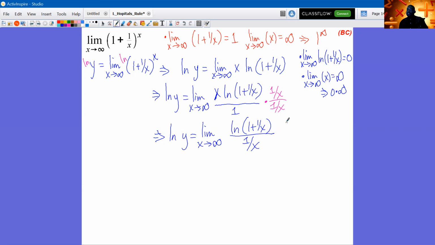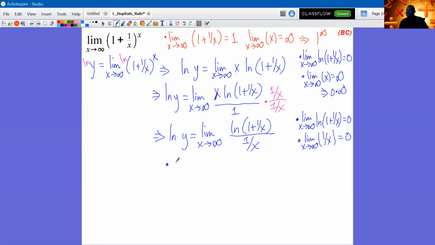Now what I have to do is check the indeterminate form once again, every time I get a new form. We know the numerator is 0, and we know the denominator is 0. So it looks like we got 0 over 0, and we can use L'Hopital's rule, so we need to discuss differentiability.